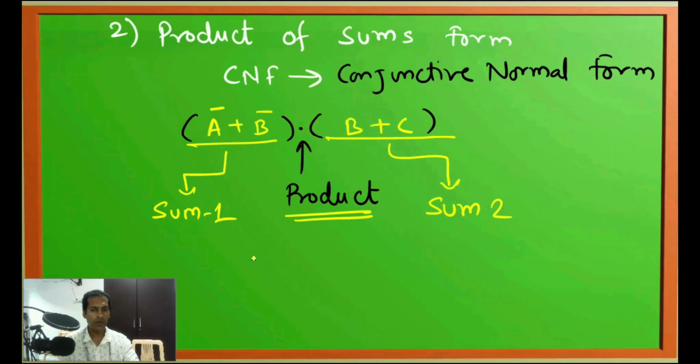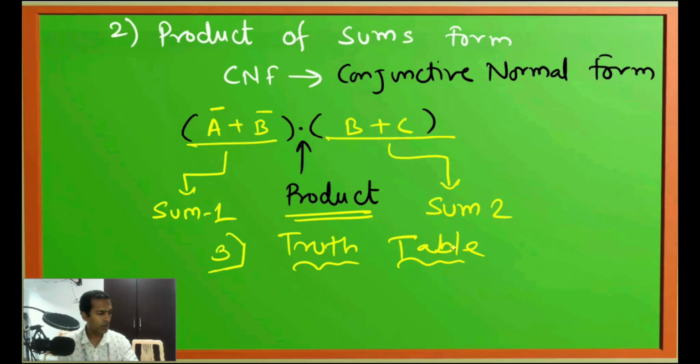Now third thing we have to see is the representation in the form of truth table. So we use truth table for listing all the possible combinations of values of the variables and the corresponding values of the function.